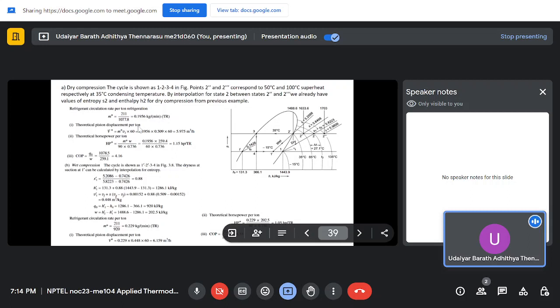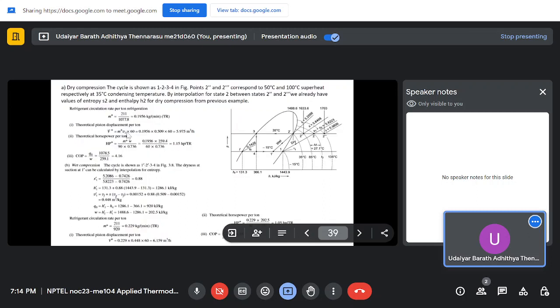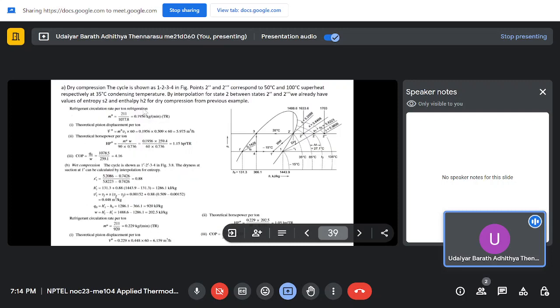Now theoretical piston displacement per ton is m dot into V1 into 60. So similarly we have calculated the specific volume and mass flow rate in the previous problem. So the theoretical piston displacement is 5.975 meter cube per hour.